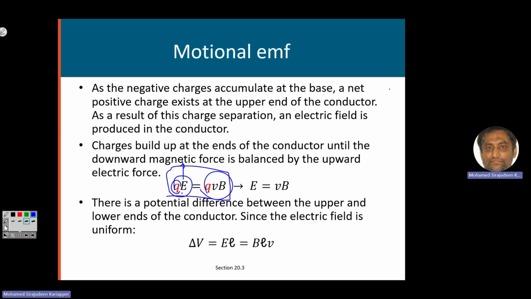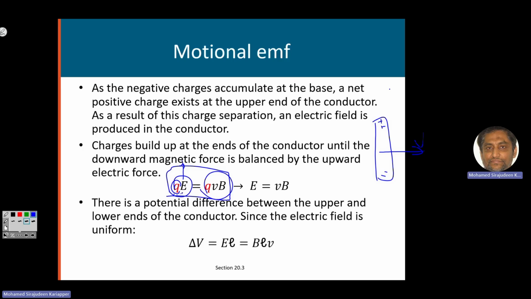When the buildup of the electric force is as big as the magnetic force, there will be no more flow. We'll have some amount of positive charge at the top and negative charge at the bottom. The rod will still keep moving, but there will be no more flow of these electrons. It will come to a stop with this charge separation.